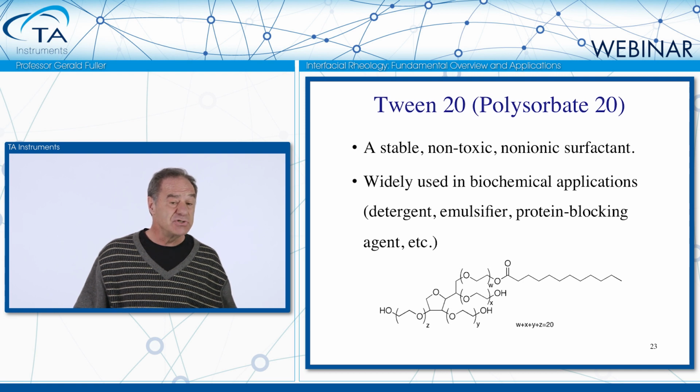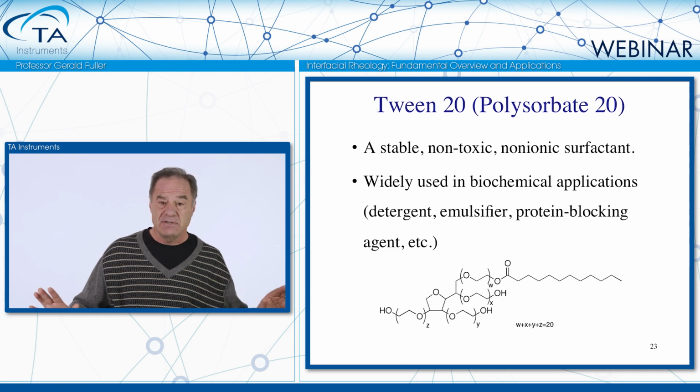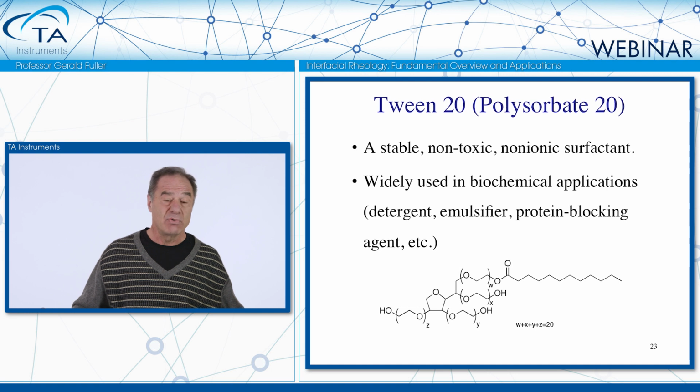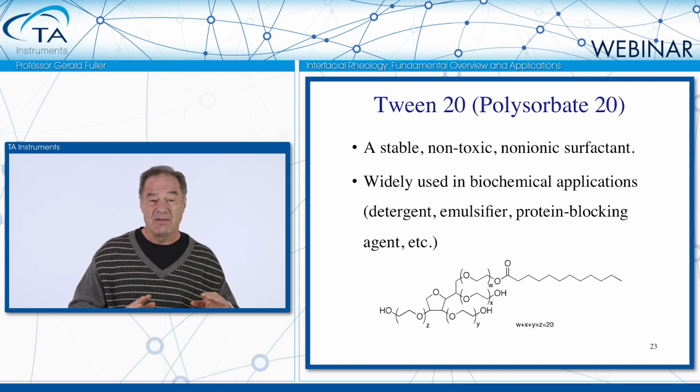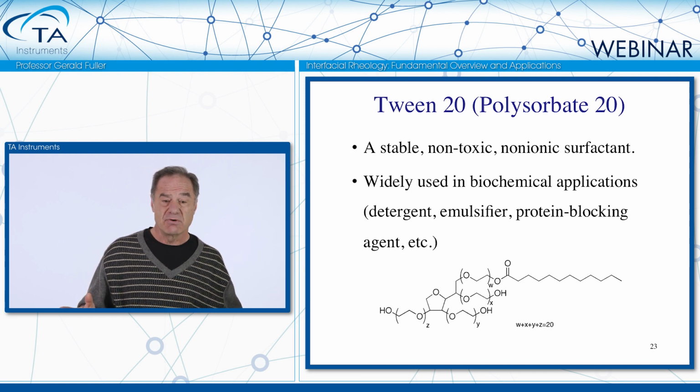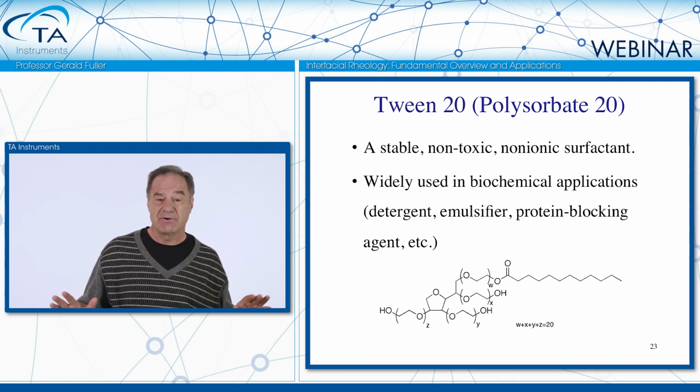So surfactants are used a lot in the pharmaceutical industry to try to avoid interfacial problems. So we have a collaboration with Genentech, and they're interested in this problem. They make proteins in the form of monoclonal antibodies. They want to make sure that they avoid issues surrounding that protein absorption.